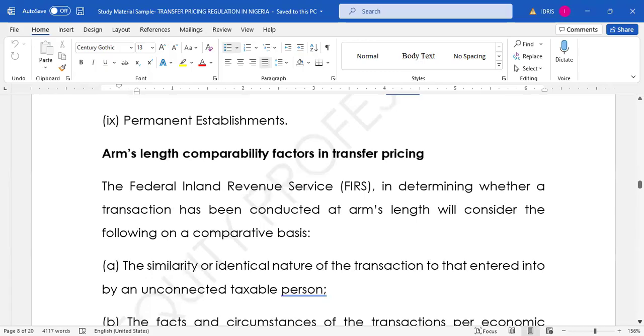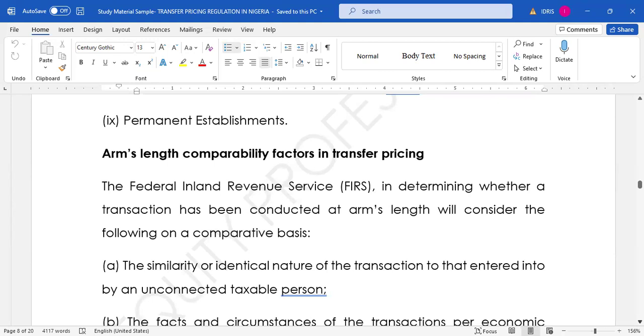Now, on transfer pricing, let's look at the factors we can consider to determine whether a transfer pricing is done at arm's length. Why we regulate transfer pricing is to ensure that it is carried out at arm's length, not overpriced or underpriced.